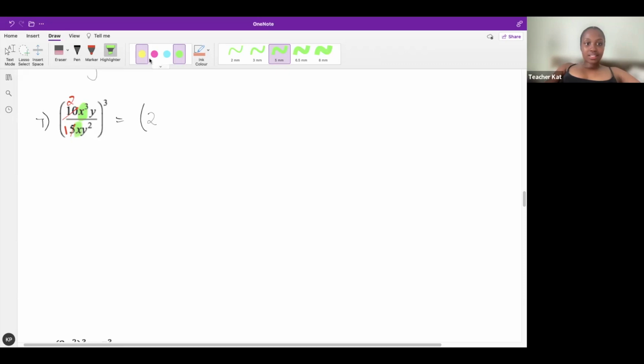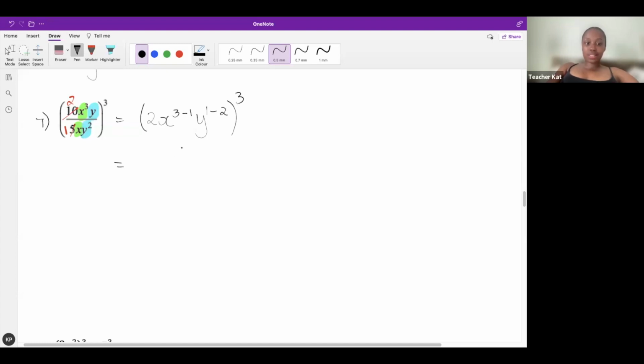We have an X and we have a Y. And we are dividing. So what can we do with the exponents? Subtract them. So then it's X to the power of 3 minus 1, because there was nothing there, and then Y to the power of 1 minus 2, all raised to the power of 3.